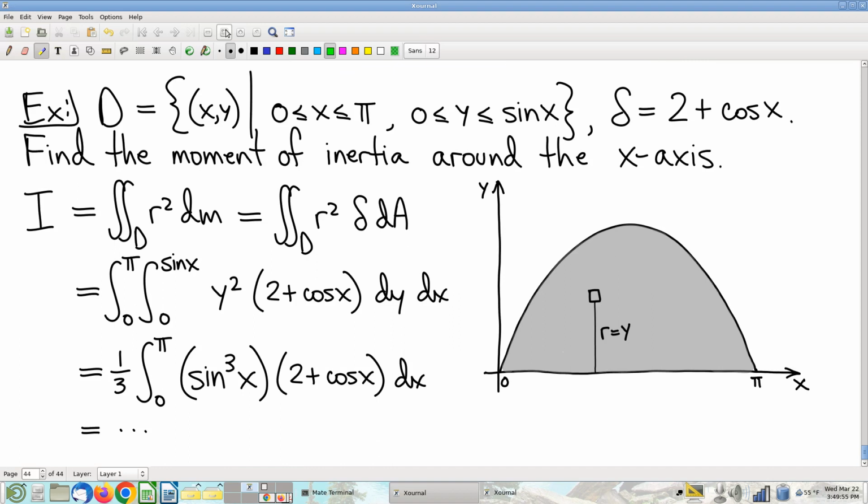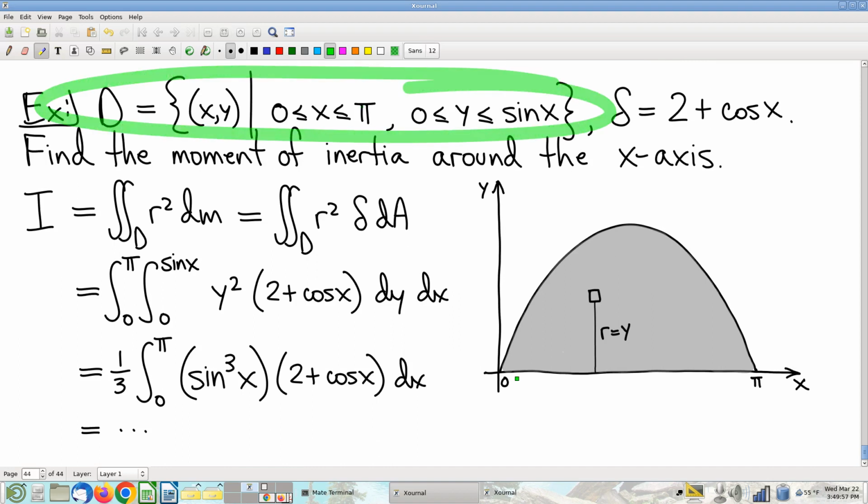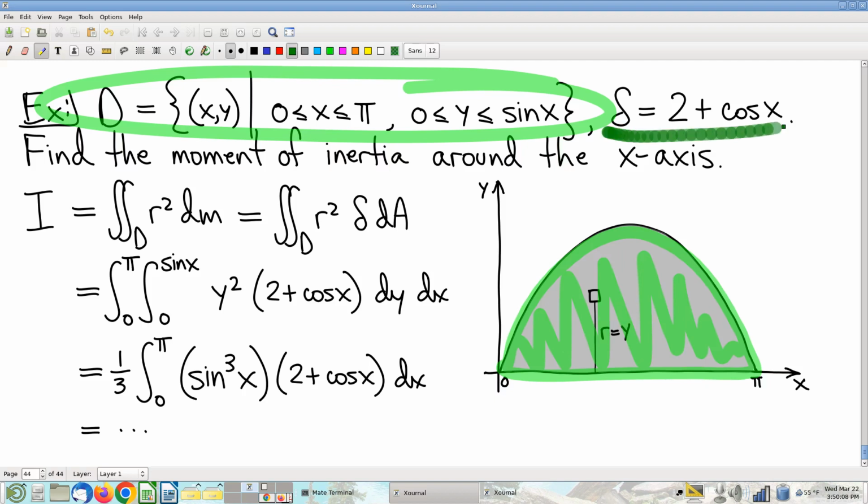So we have here this solid. And mass is distributed throughout that solid per this formula here. This is saying how much mass is where. Mass per unit area, of course.